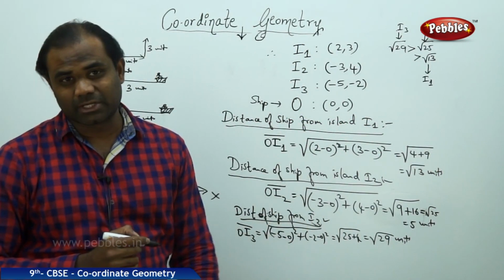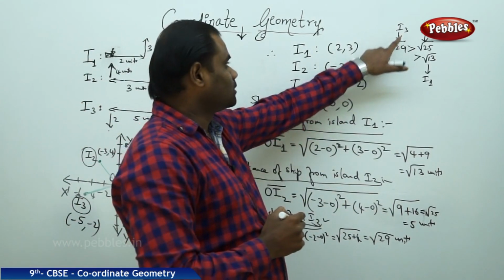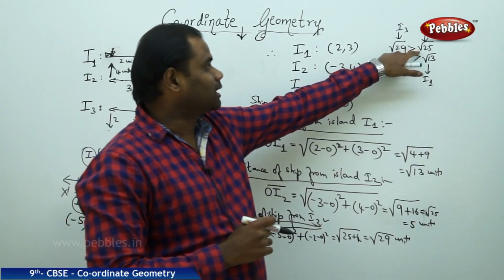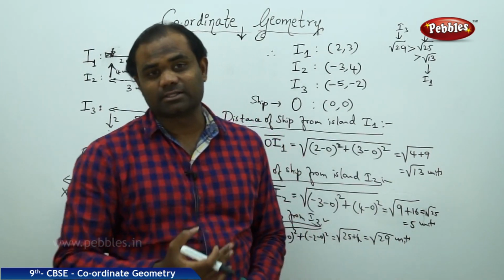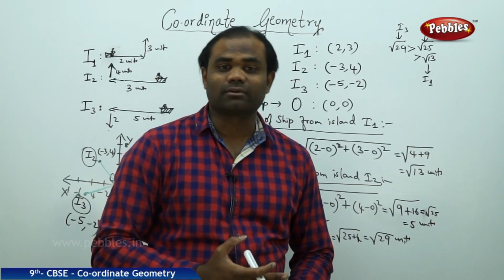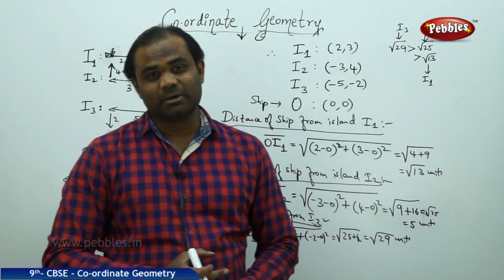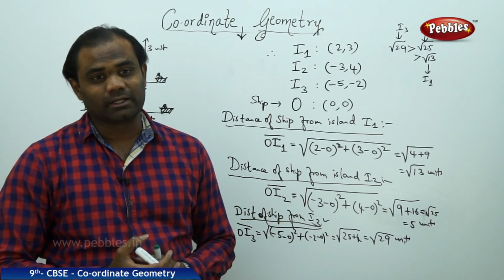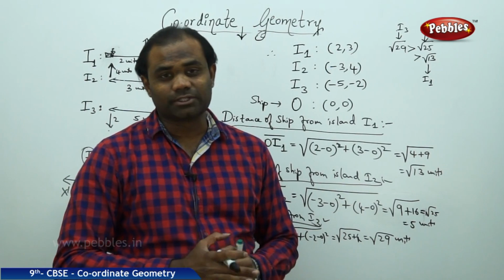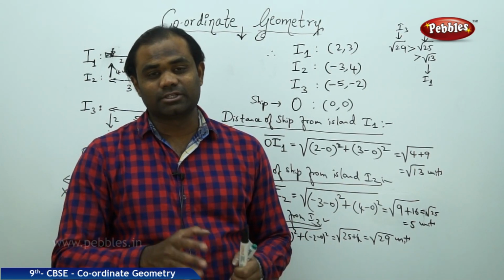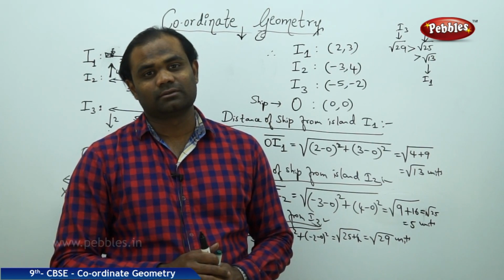This makes me understand that island I3 is the farthest from the ship, island I2 is the next farthest, and island I1 is the nearest. Therefore the person sailing in the ship would definitely target reaching island 1 because it is the nearest and easy to reach for the safer side.